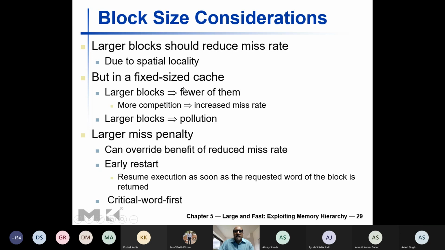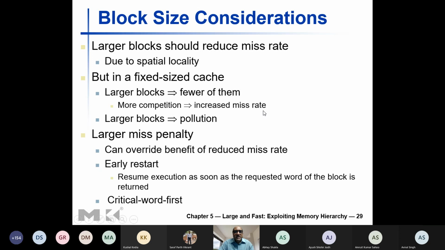But as I mentioned, if you increase the block size, there are side effects also. In a limited or fixed size cache, larger blocks mean it contains very few of them, and with that there will be competition among them, so it will increase the miss rate.